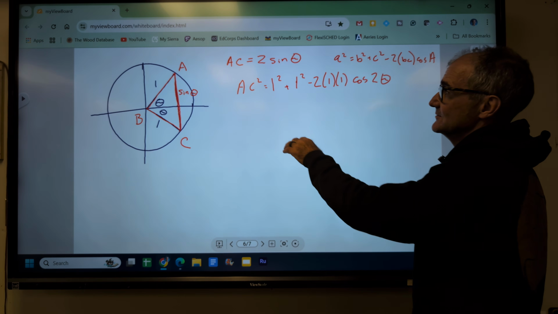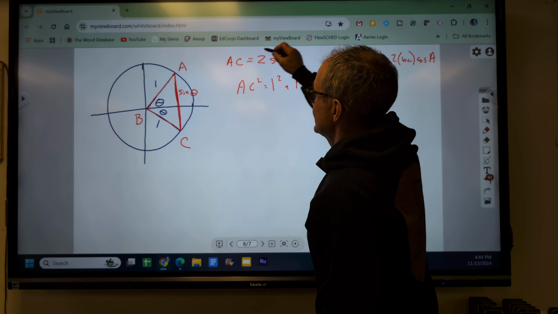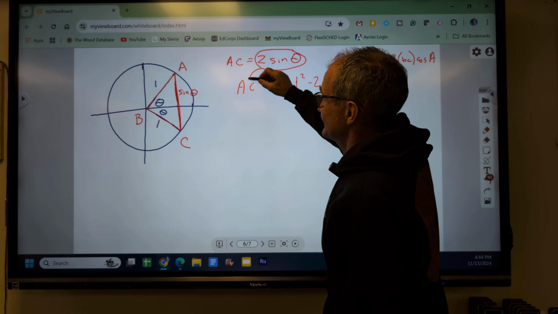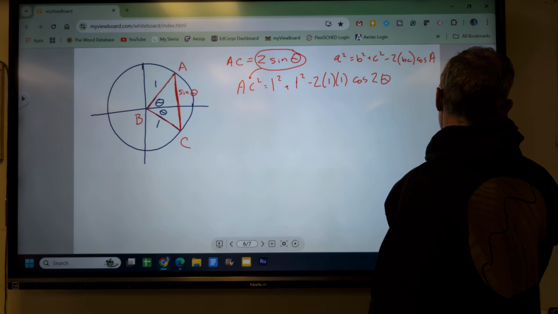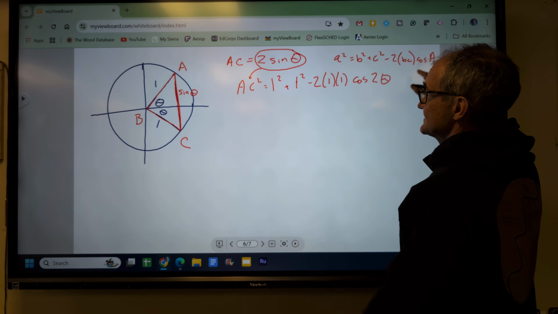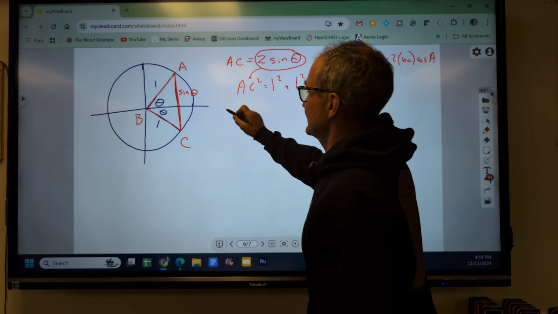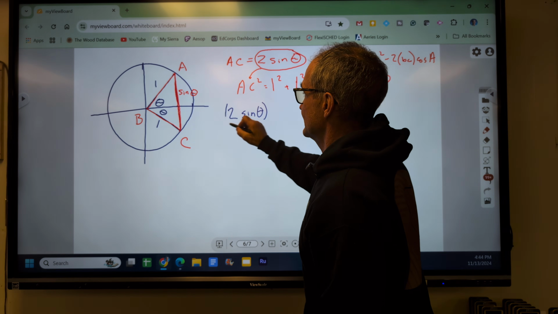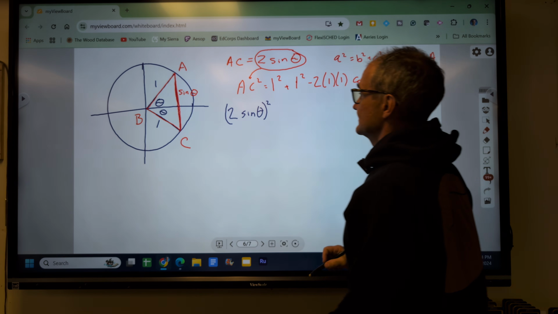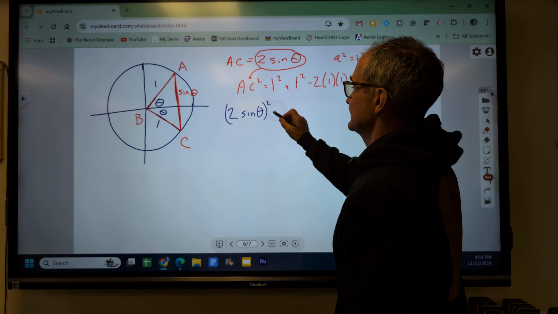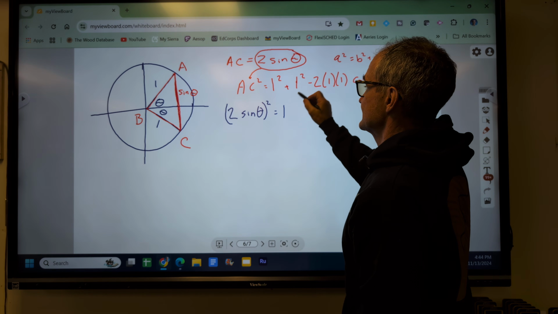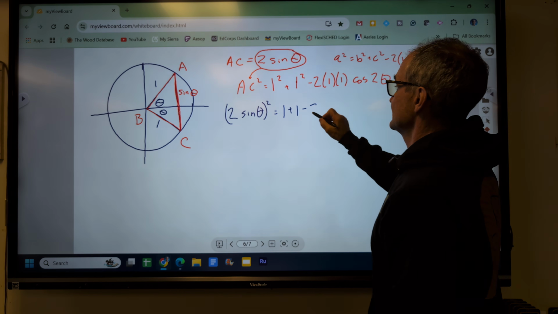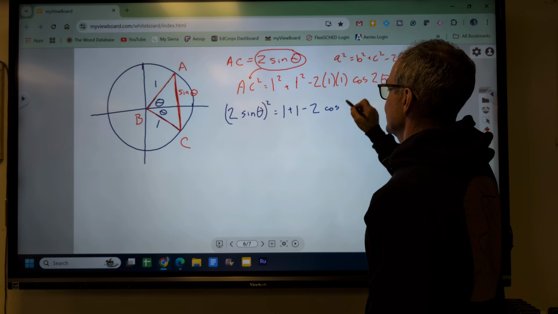And I also know that AC is equal to 2 sine of theta. So I'm going to take that and substitute it in right there. So that means I have 2 sine of theta, quantity squared, is equal to 1 squared plus 1 squared minus 2 times 1 cosine of 2 theta.